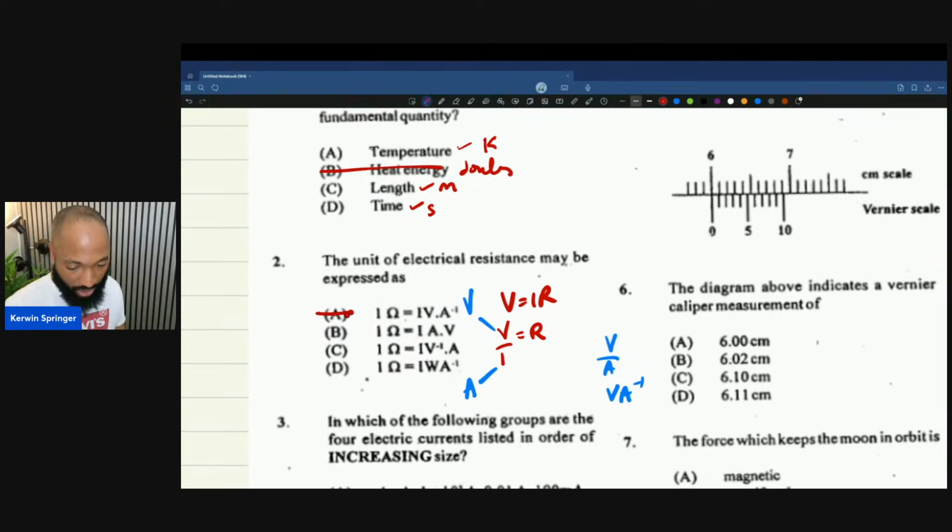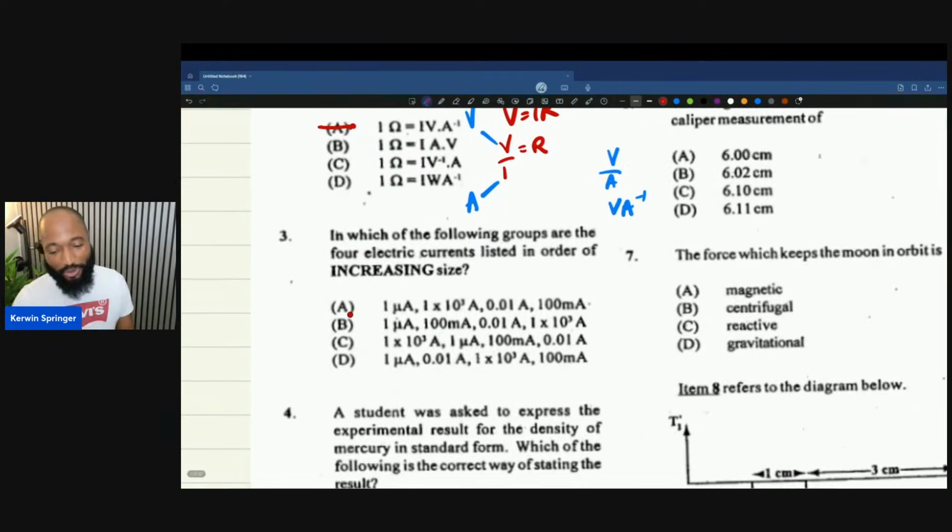Have we started the cooking process? In which of the following groups are the four electric currents listed in the order of increasing size? Yes, this is physics, everybody doing physics or CXC, you're going to enjoy this. So we have electric currents here listed in order of increasing size. This is micro, so micro is times 10 to the power of -6.